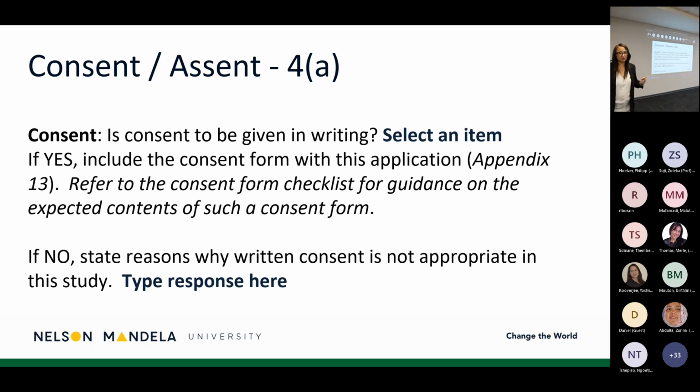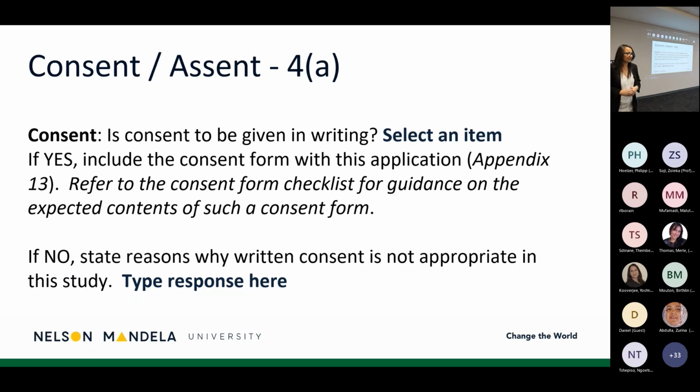We don't do implicit consent, so you can't in a preamble to an online survey say, by participating in this survey, by doing this questionnaire, you are providing implicit consent to being part of the study. No, that doesn't wash anymore. The third thing is voluntary. Informed, explicit, and voluntary.